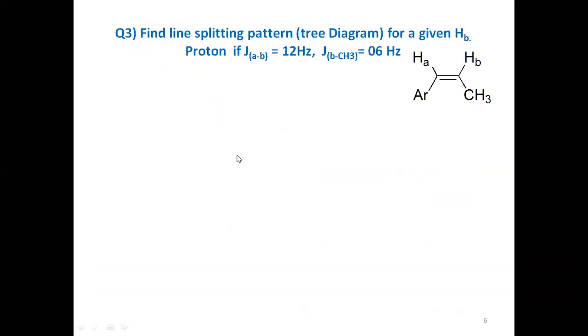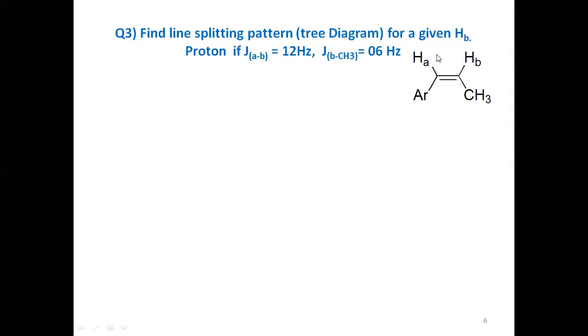Next pattern. Here, find out the line splitting pattern or tree diagram for the HB proton. HB is given here, and JAB is 12 hertz, as they are cis, and J between HB and CH3 is 6 hertz.